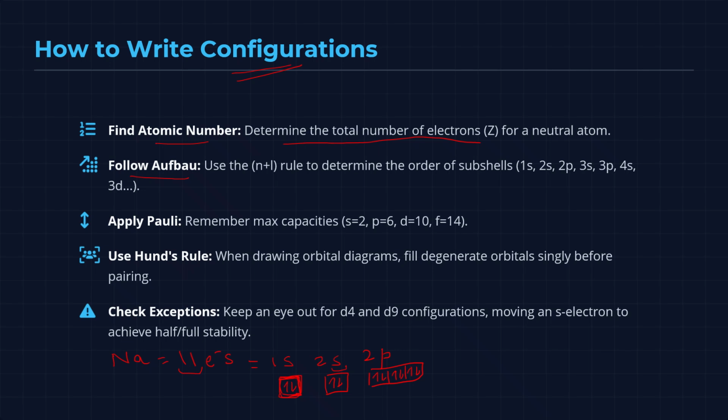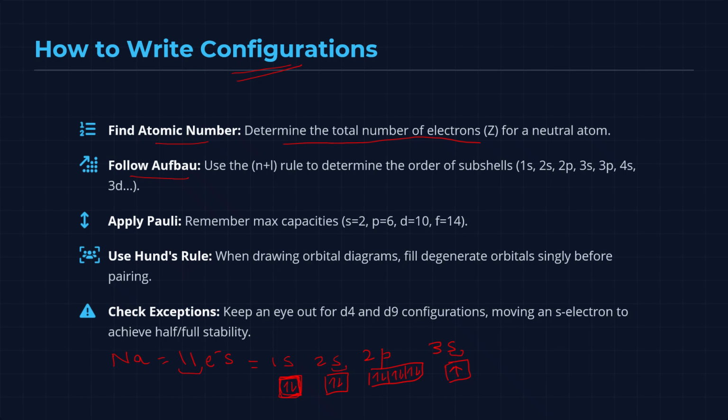After that, in the last, only 1 electron is left behind. That we will fill in the next orbital, which has more energy than the 2p orbital. So it is the 3s orbital, and 3s again is an s subshell. Again only one orbital is present in the s subshell, and we can see here only 1 electron is left behind. So we will write here 1 electron. Clear?